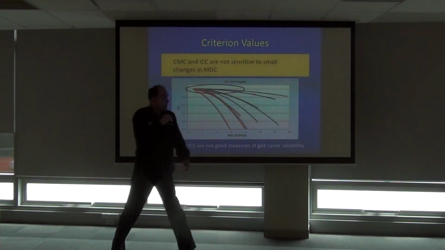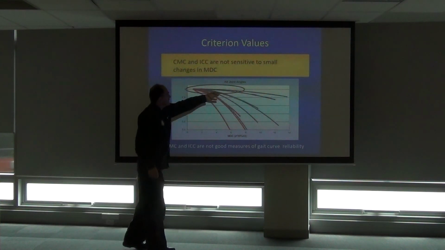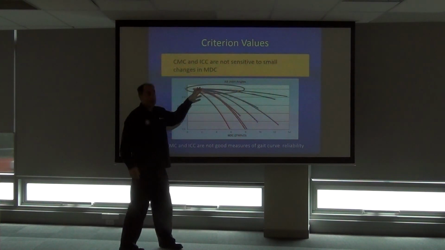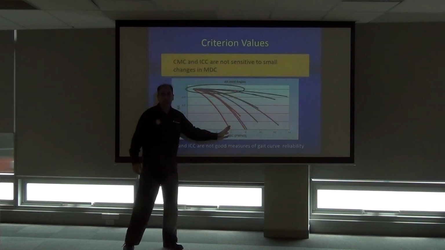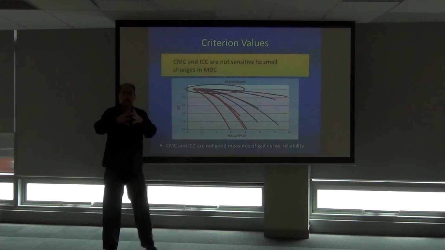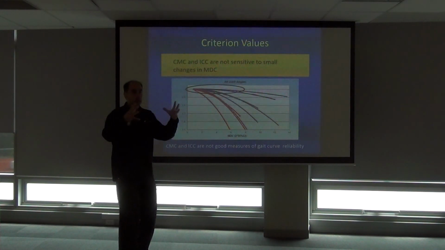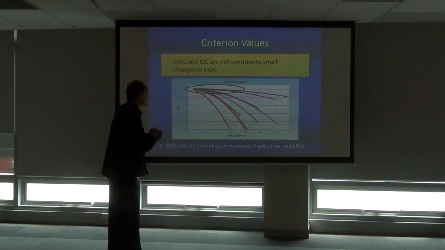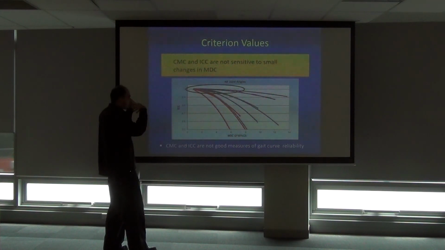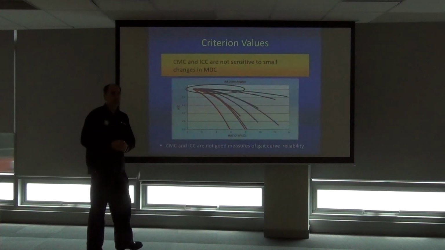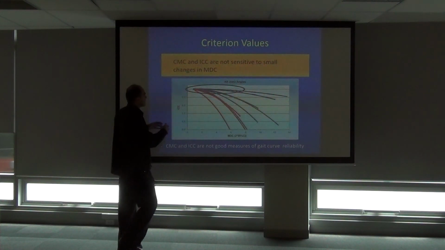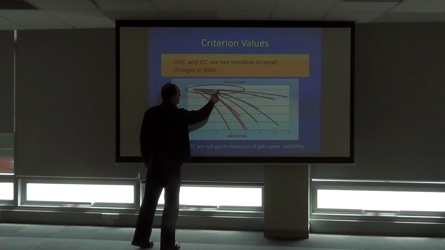Well, you see that they're insensitive to changes in our minimum discernible change or our similarity or differences in gait curves. So if we were thinking of knee again, if this was the knee, and our minimum discernible change was 5 degrees, we'd be here, 5 degrees, we're here.